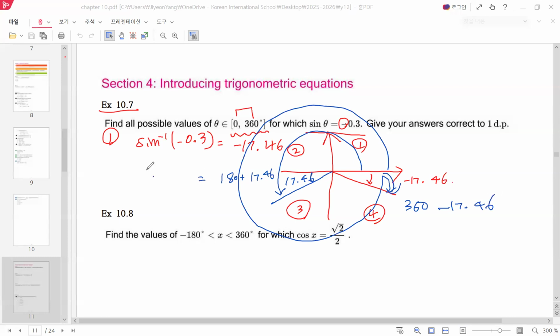Therefore, this angle is going to be 197.46, and this is going to be 342.54. However, they ask you to give your answer correct to 1 decimal place. So it should be 197.5 and 342.5. This is the first method.